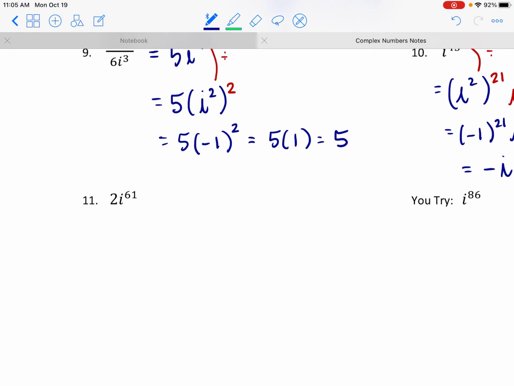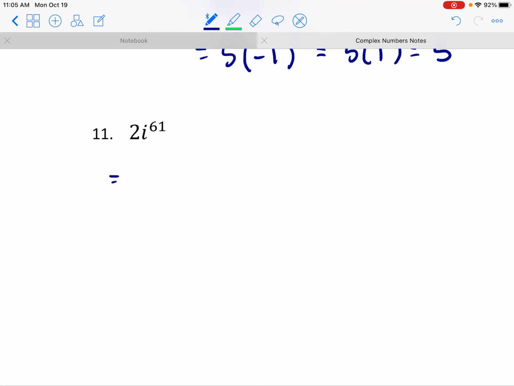And similar here. So this is going to be 2 times how many i squareds are in 61 i's. So if I divide 61 by 2, that's going to be 30, and then there's going to be an i to the first left over. 30 with the remainder of 1.